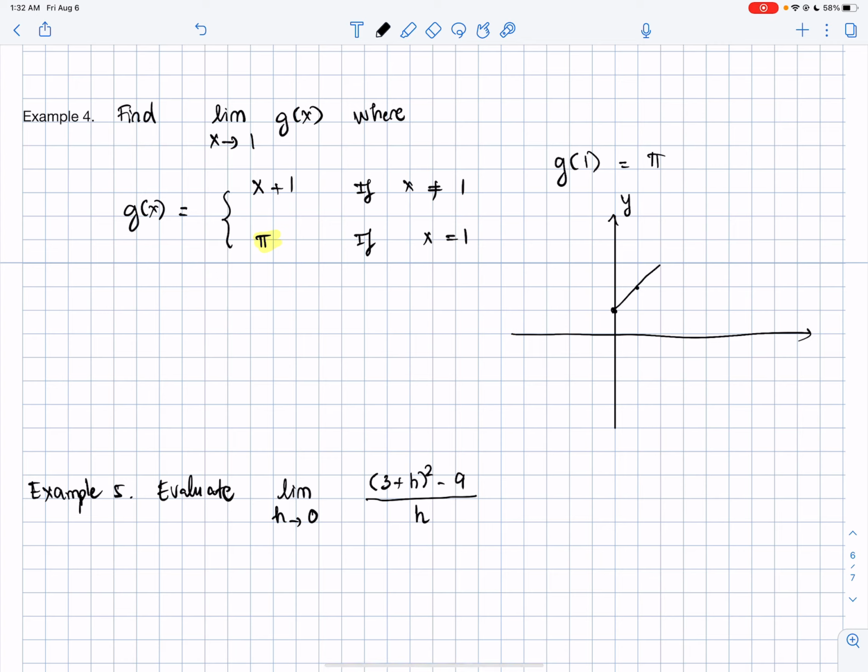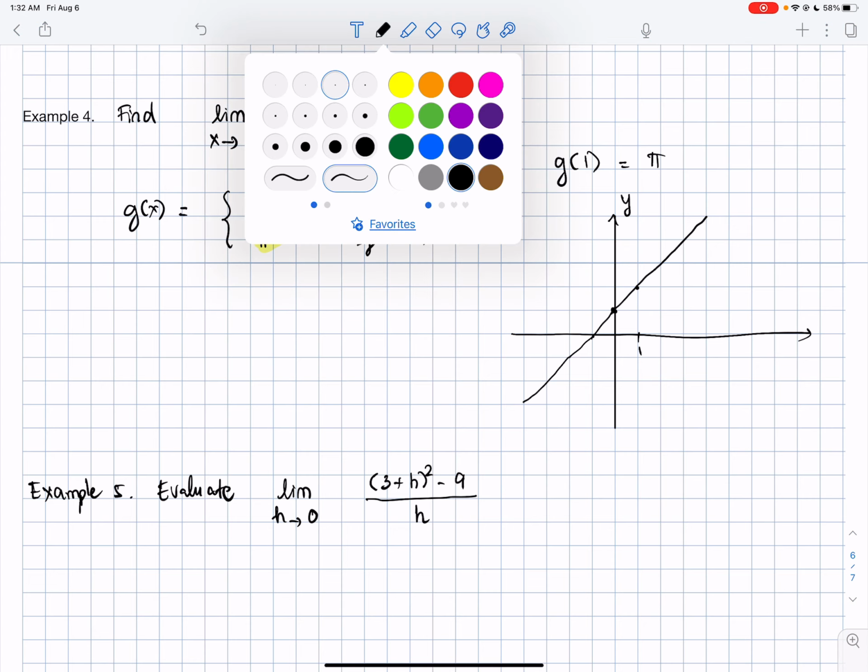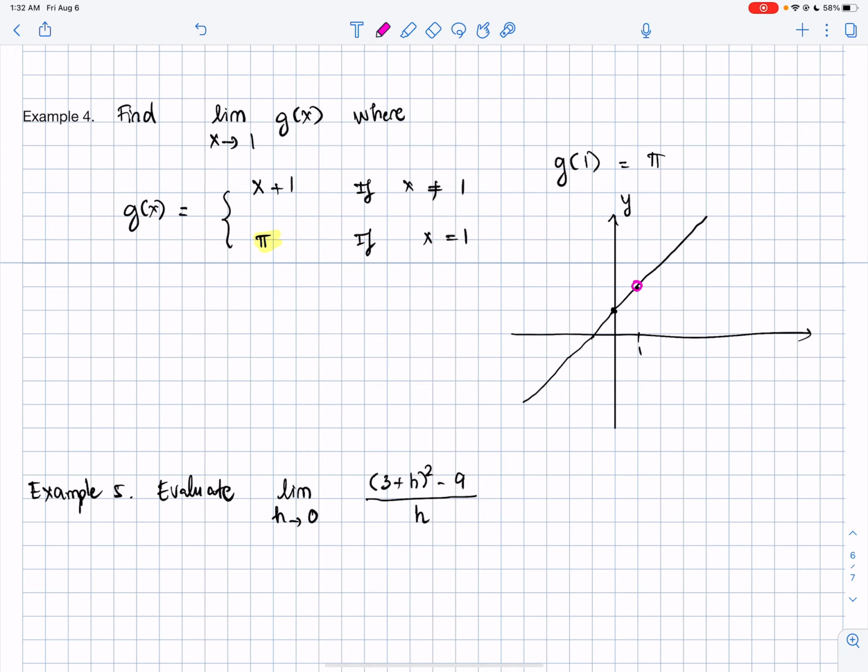So you get this line. And also, when x equals 1, the function is not defined from the first piece. So this one is the first piece. I'm going to make the pink color for the first piece.